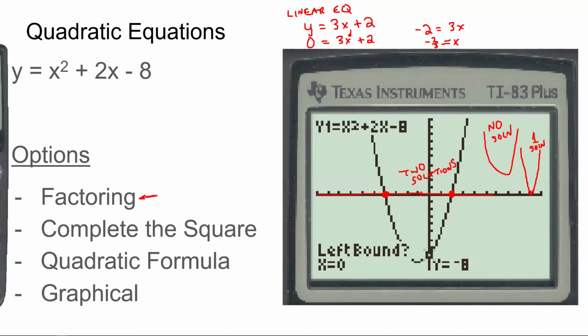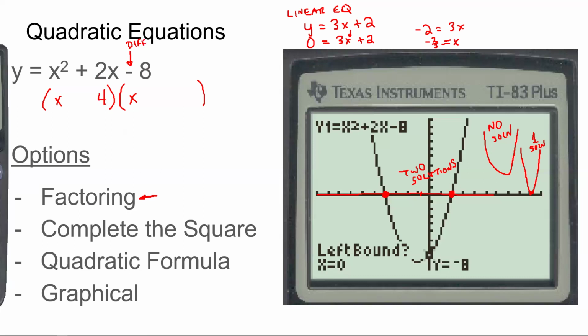If I were to factor this thing up here, you already know how to do that. So I'll put that in. I've got something times something to give me x squared. That's clearly x and x. I need something here that multiplies to 8 and subtracts, my signs are different, to 2.